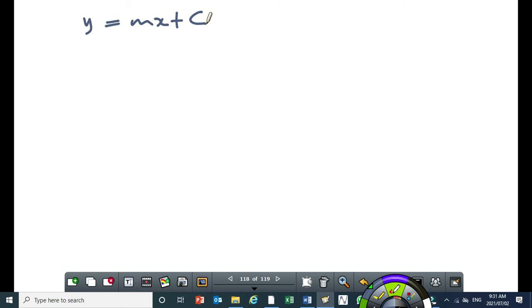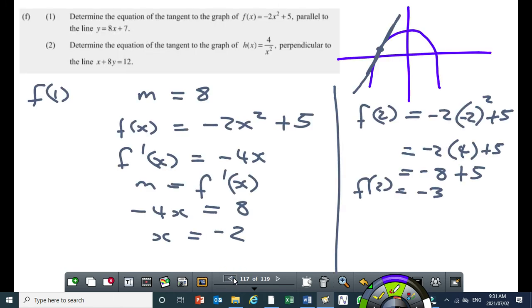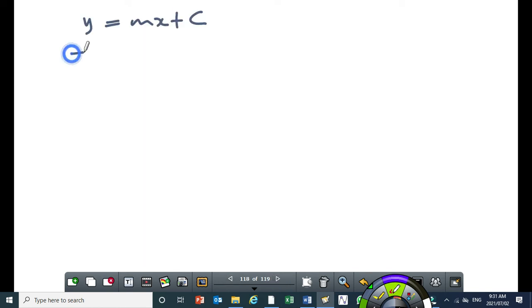My y is -3. Please remember, that's a sketch which I drew there, which means it's probably that the point is in the third quadrant. So I'll put -3 here. Where there is m there, I'll put 8. Where there is x there, I'll put -2.